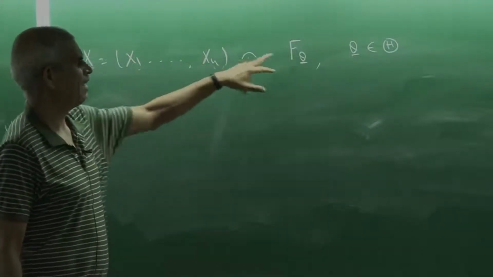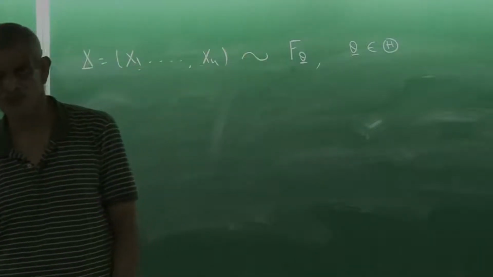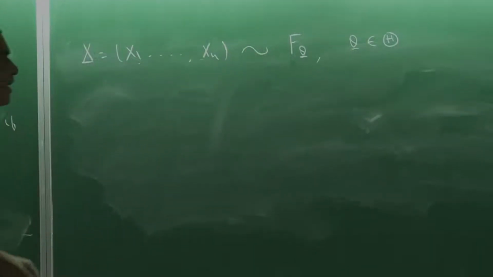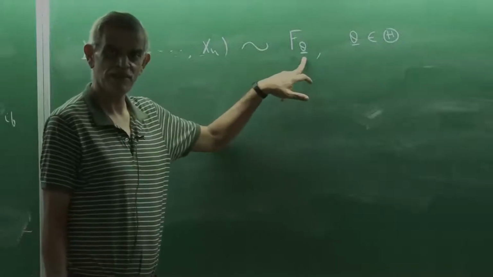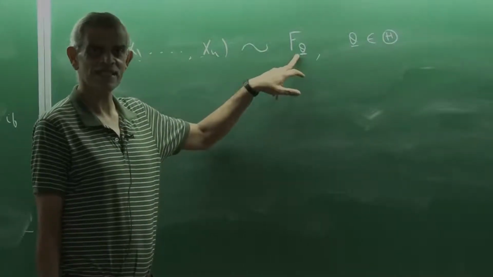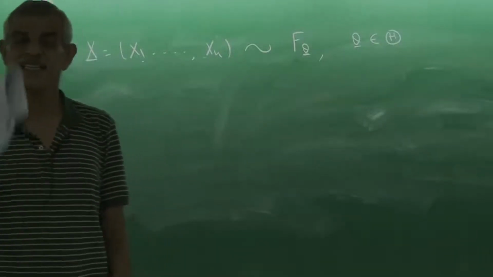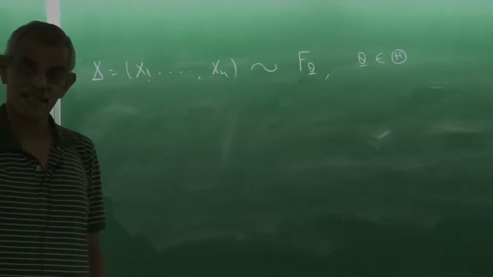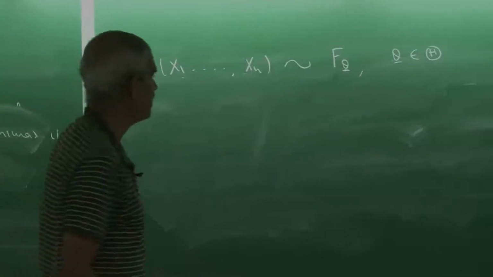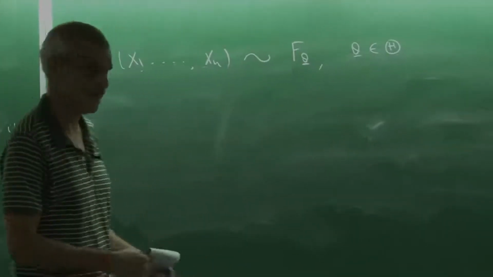x1, x2, xn have a probability distribution of f of x given theta, but here theta is considered to be a random variable. So it is, in a certain sense, a conditional distribution of x1, x2, xn, given that the random variable S is realized as theta.